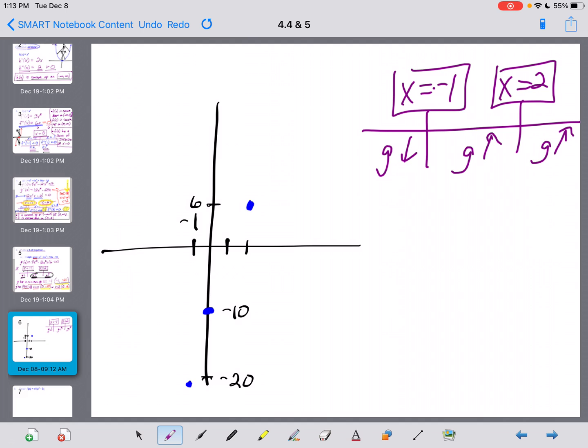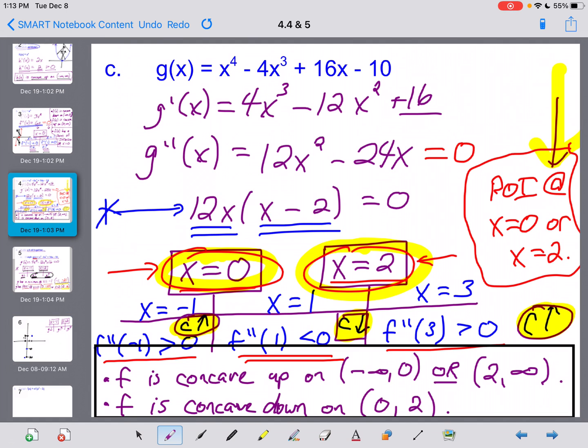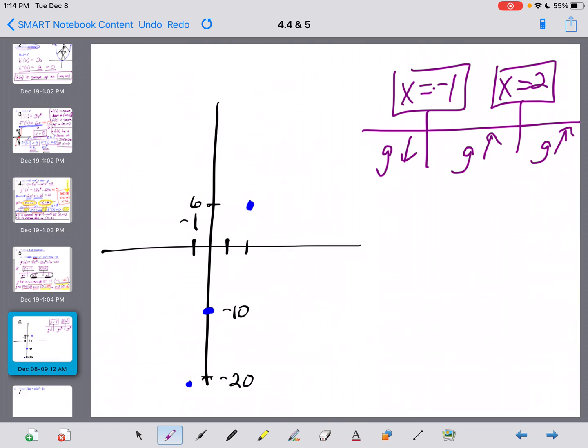And the second thing we're going to do now is put our second derivative sign chart, which was right here, everybody. We got 2 potential points of inflection at 0 and 2. So I'm going to put those in here. X equals 0, I'm going to write here somewhere in between -1 and 2, but I'm going to try to put x equals 2 here directly below the other x equals 2.